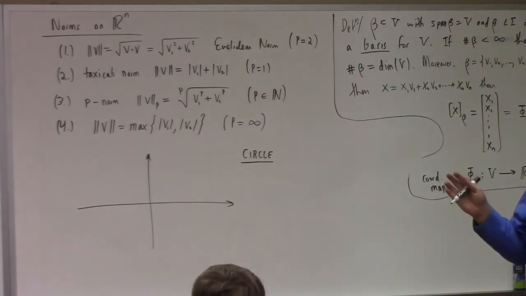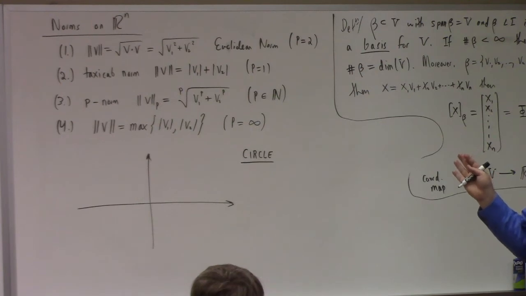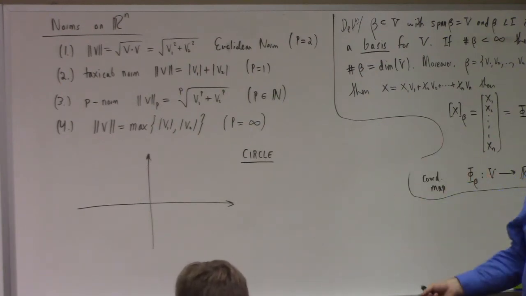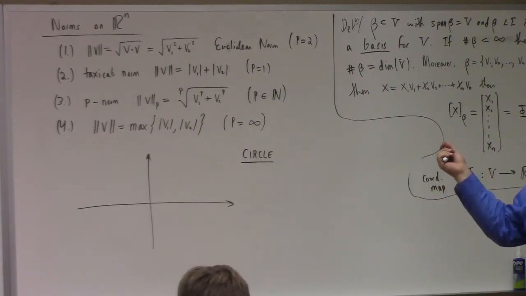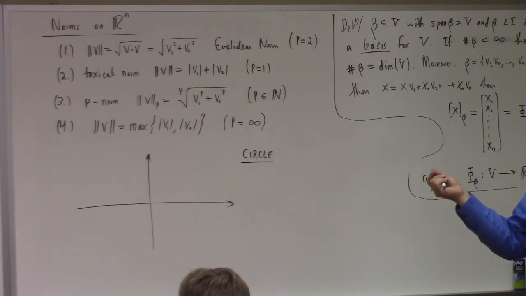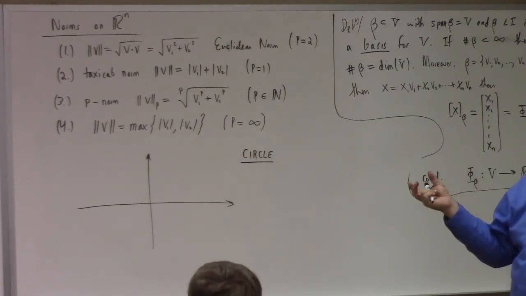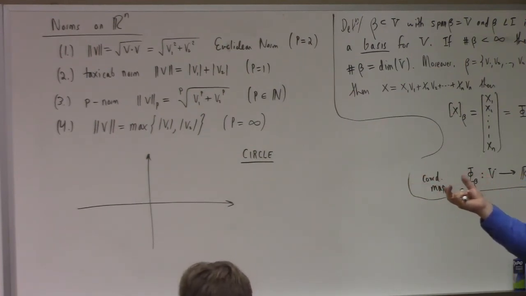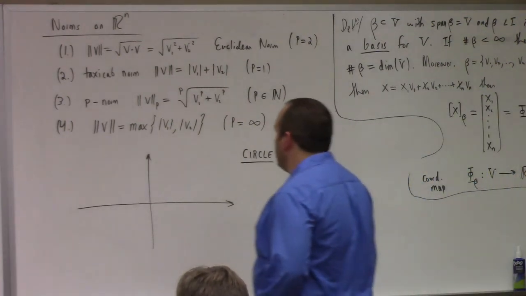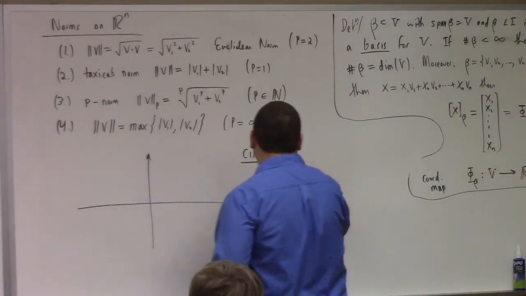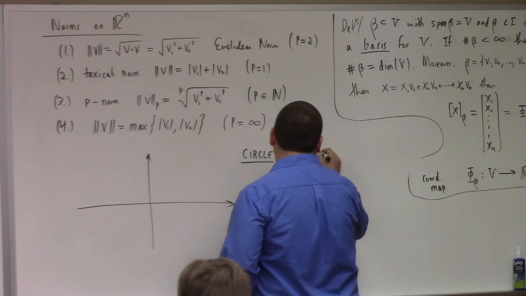Or we could look at it as the set of points which are reached by vectors of length 1. But the length of a vector is the norm of the vector. So our idea of what a circle is changes when we change the idea of what a norm is. So let's say a circle is norm V equal to 1, all such V.